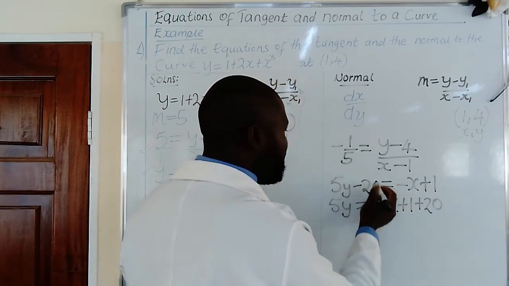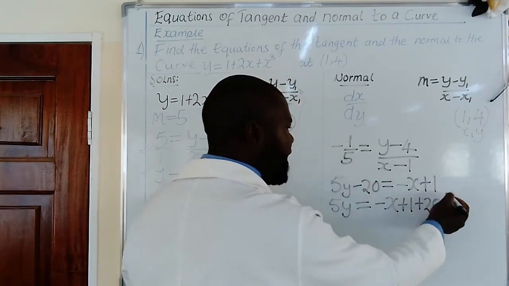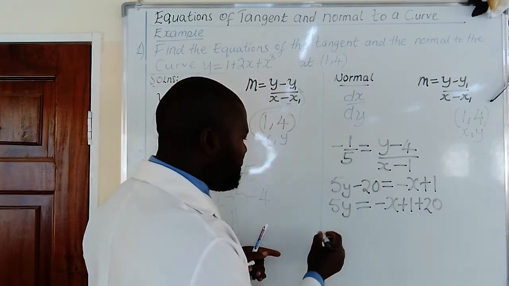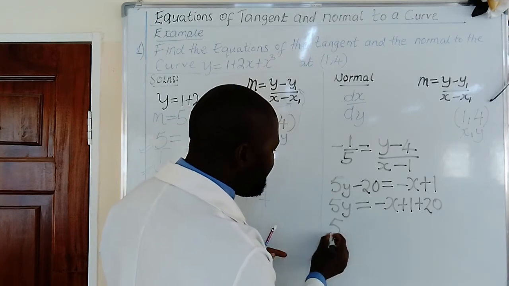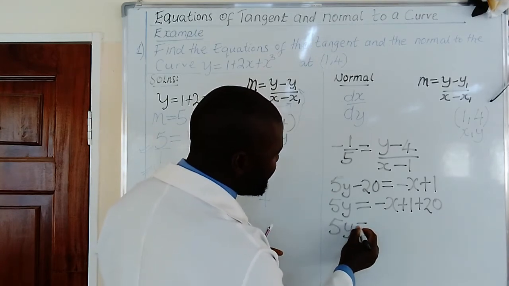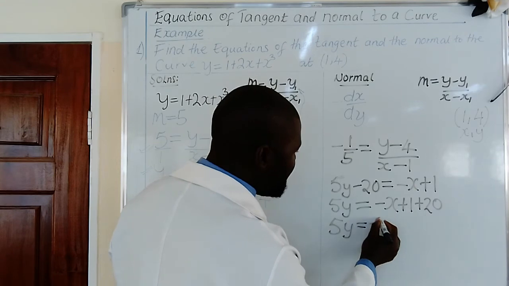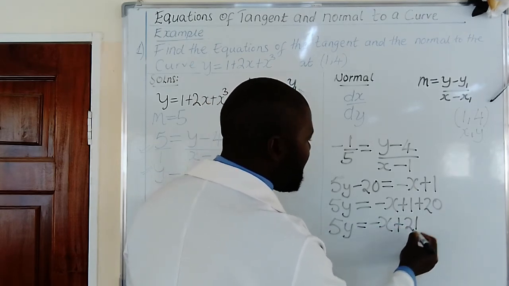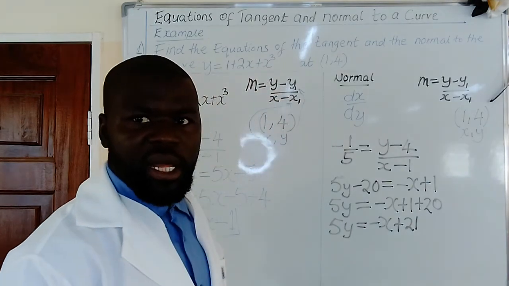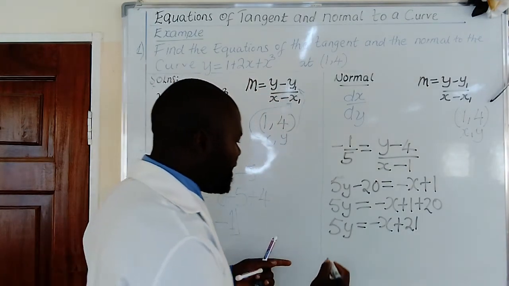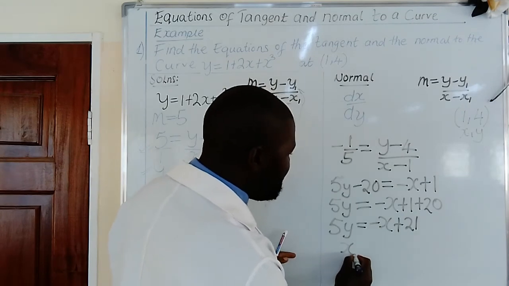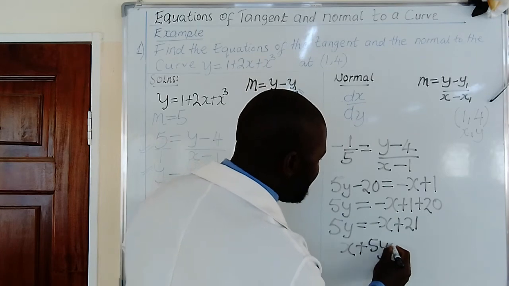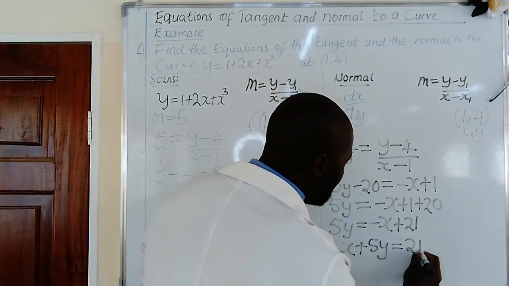Okay, so we transfer negative 20 to the right hand side, we shall have plus 20. Then here it is going to disappear. So finally we shall have 5y is equal to negative x plus 21. Negative x plus 21. So finally, the equation of the normal is x plus 5y is equal to 21.